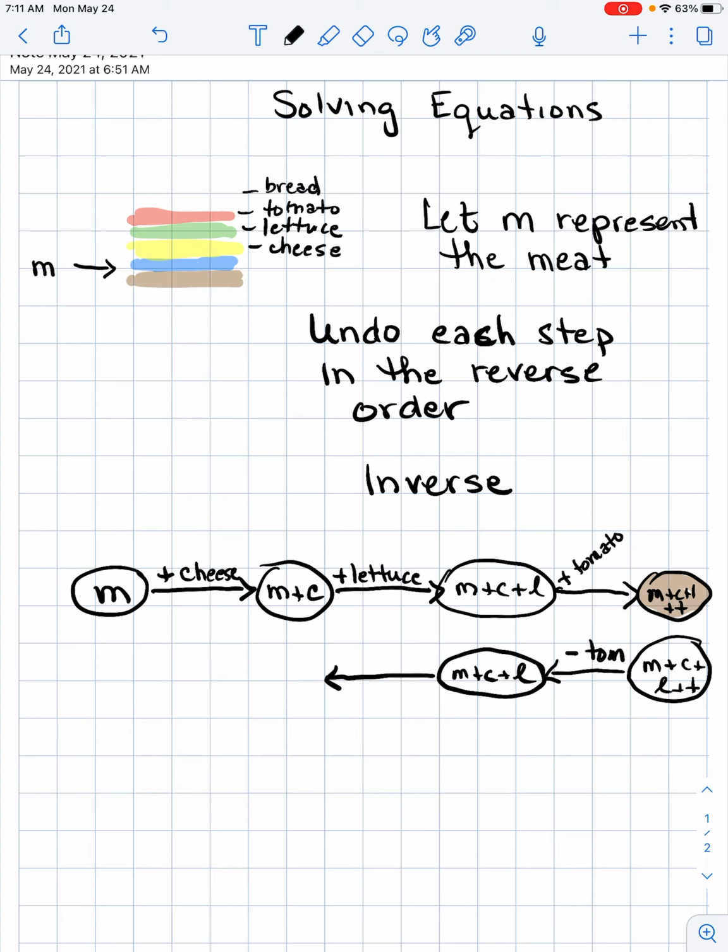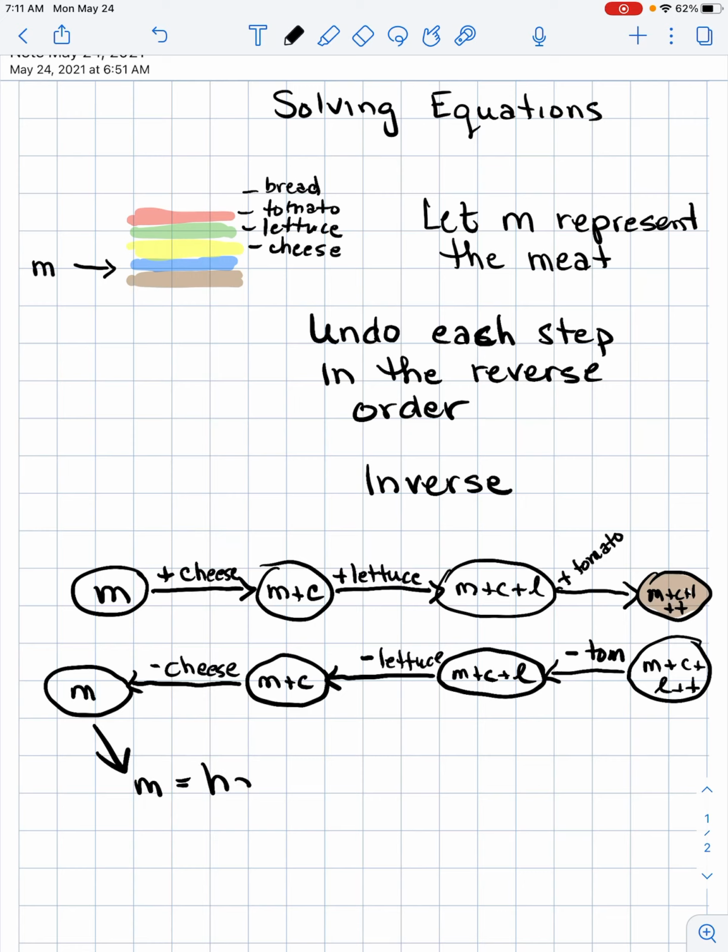Well, I'm going to take the lettuce off. And I'm going to have only the meat plus the cheese. Then, when I take off the cheese, I am going to end up with the meat, and then I can see what the meat is. And guess what? In this case, the meat is ham.